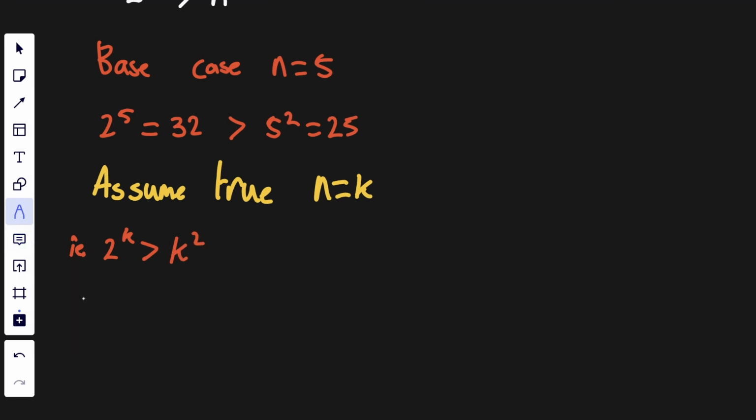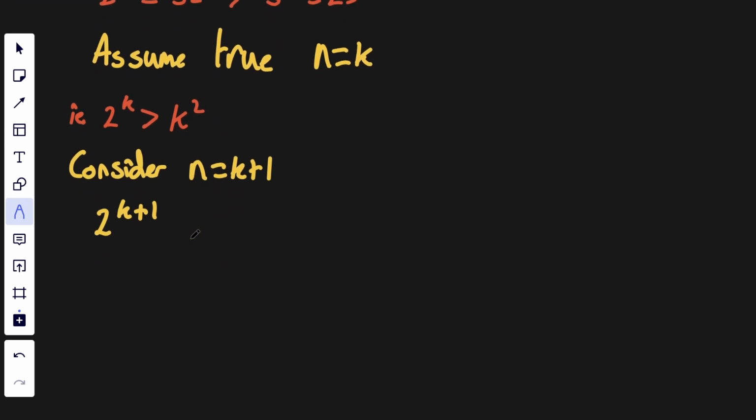Now we're going to consider n equals k plus 1. So we've got 2 to the k plus 1. I said we could choose what side we want. It doesn't matter. I've just chosen the left side. It's not super important, but you could choose the right side if you prefer.